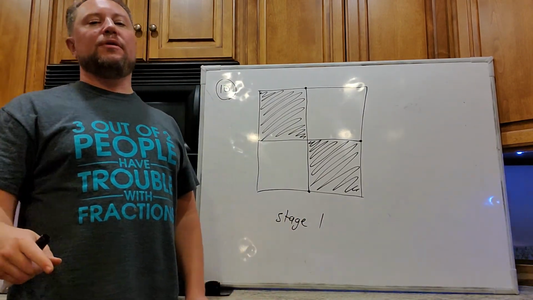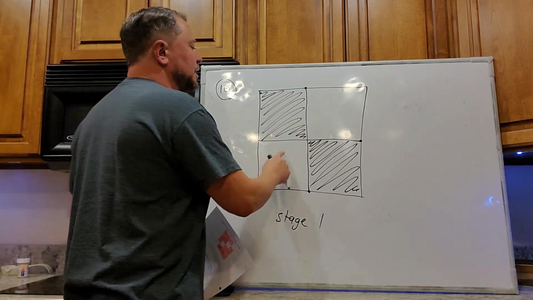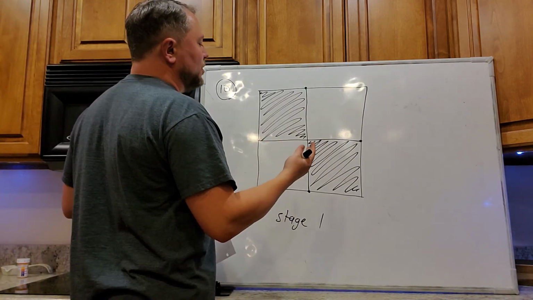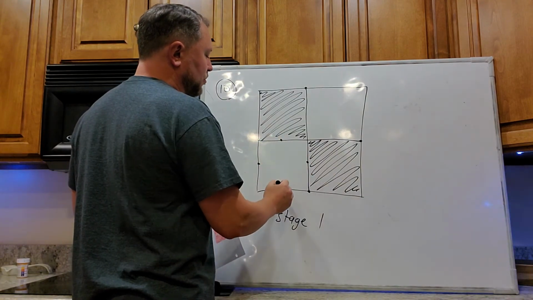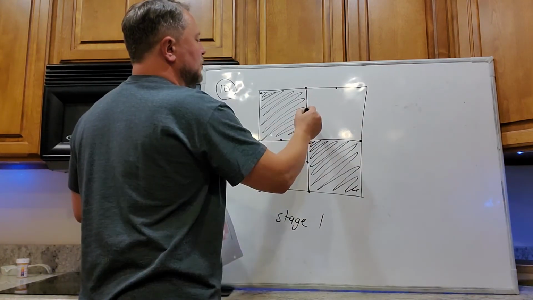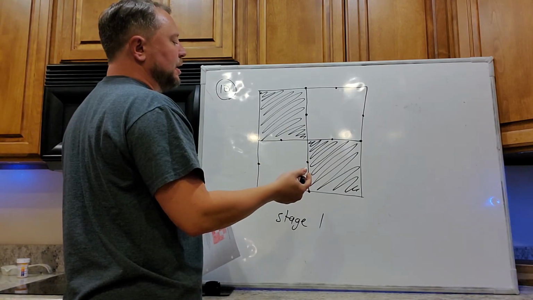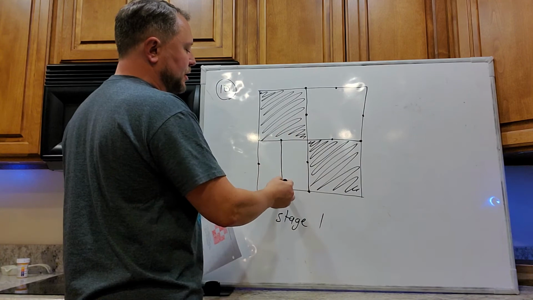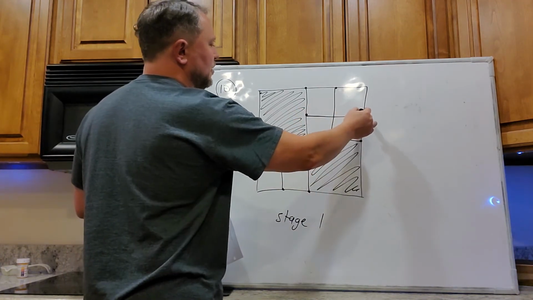Now I have to go through the iteration process again, and remember it said to only repeat it in the unshaded squares. So once again I'm going to find all the midpoints. Midpoint, midpoint, midpoint, midpoint. Midpoint, midpoint, midpoint, midpoint. It said connect the midpoints of the opposite sides. So connect there, connect there, connect there, connect there.